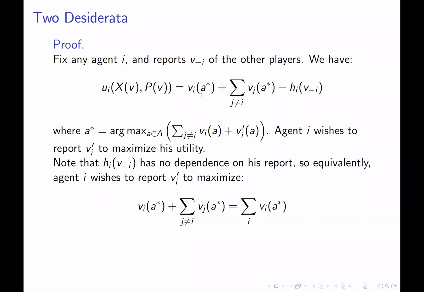So a player who is going to pick a report v_i prime to maximize her own utility is just going to pick the report v_i prime that maximizes the first part of her utility function, which is just the sum of everybody's valuation function for the alternative that's actually chosen, right? Because if I want to maximize some function that has 2 terms, the first of which I can control and the second of which I can't control, I might as well ignore the term that I can't control. It'll be the same no matter what I do, and just maximize the part that I can control.